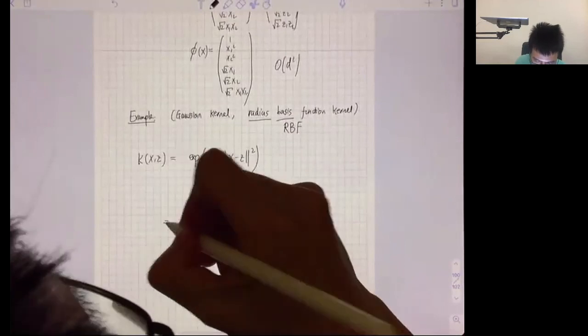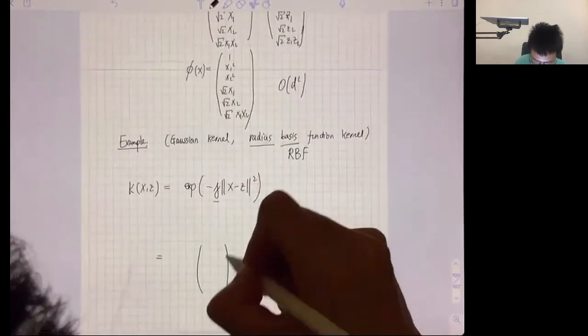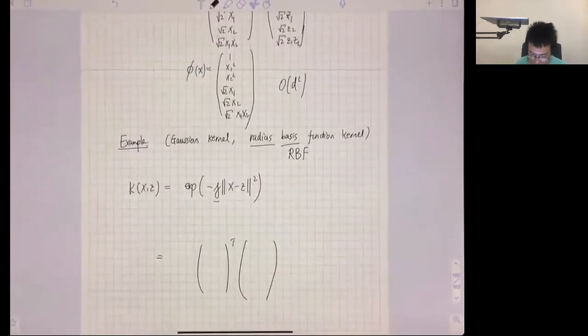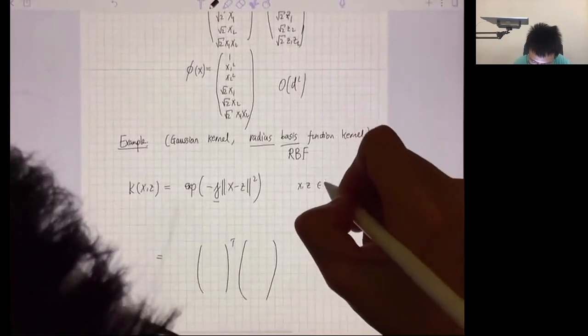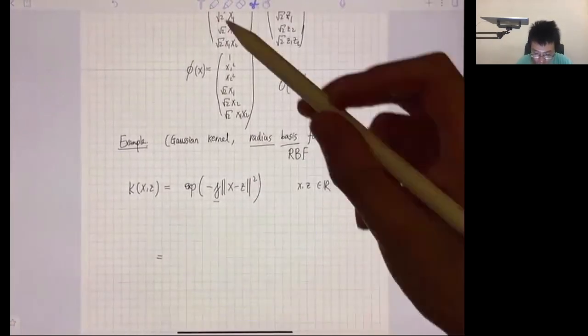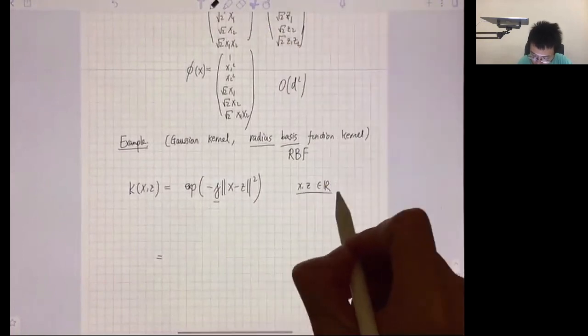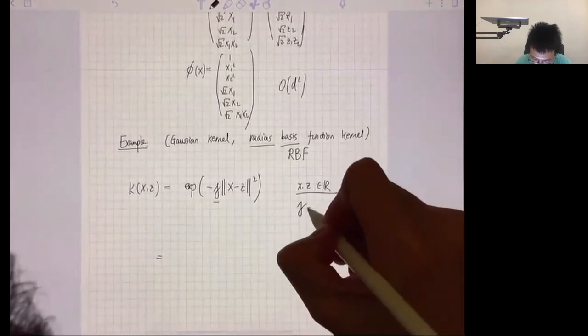So it turns out to be this. I want to write things also in this transpose form. For simplicity, let's think of X and Z as real numbers. That is simpler. I'm just giving an example, considering a simplified case, and I also assume gamma is 1.